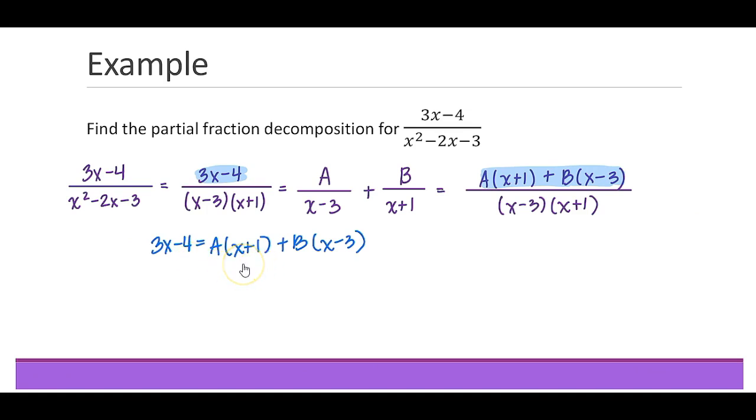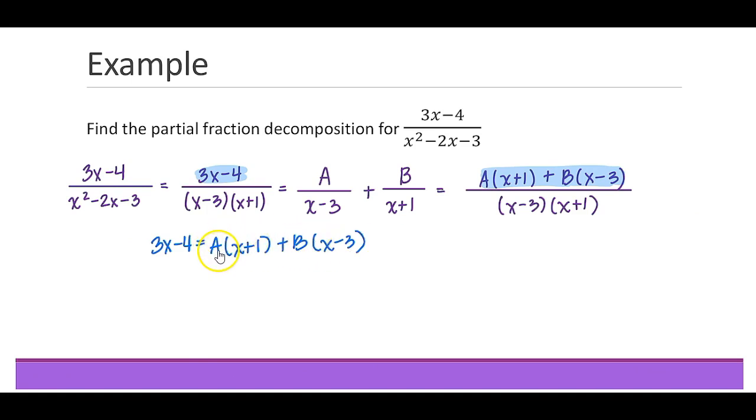So what we're going to go ahead and do is if the left side truly equals the right side, which is what we're operating under, then it should hold no matter what x value we pick. So we are going to choose the x values that will eliminate an entire term on the right hand side if possible, because then that will eliminate either a or b.